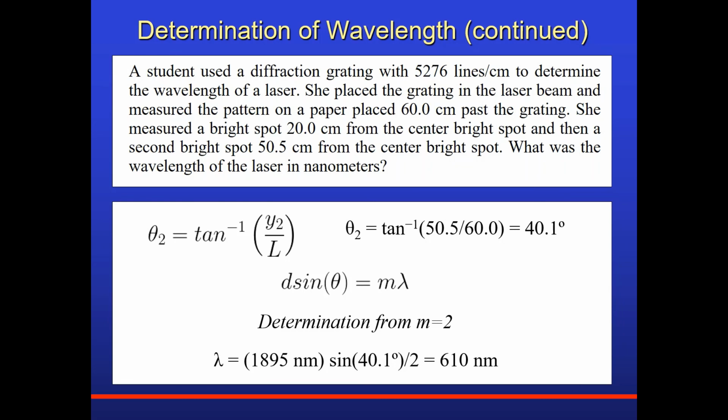I've illustrated here a very important application of the diffraction grating: determining the wavelength of an unknown light source, whether it's a laser, whether it's a chemical reaction that may give off light in a flame, or whether it's an astronomical body.